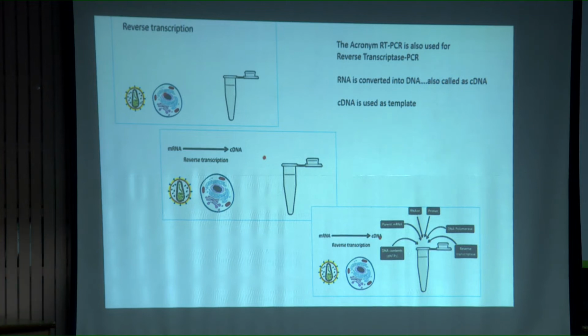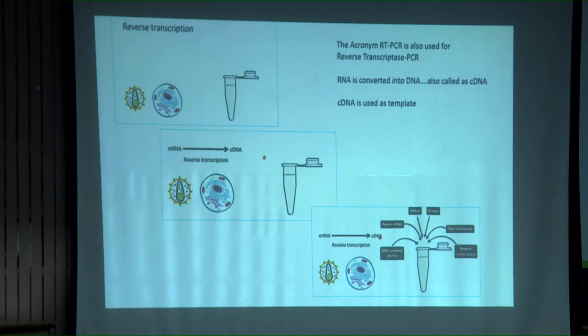So now there are two options again. You convert this RNA into cDNA and use this cDNA as a template in a normal qPCR, that is one step. Of late, everything is integrated in a single mixture, right? So you have a PCR mixture, we add a detector there, it becomes a qPCR, right?